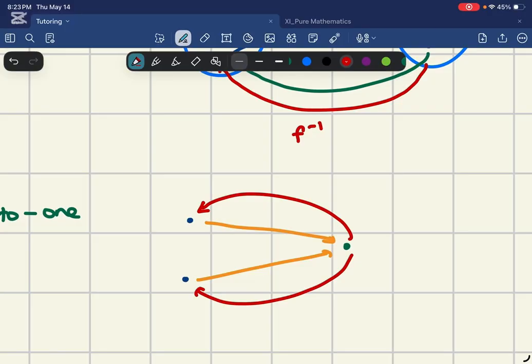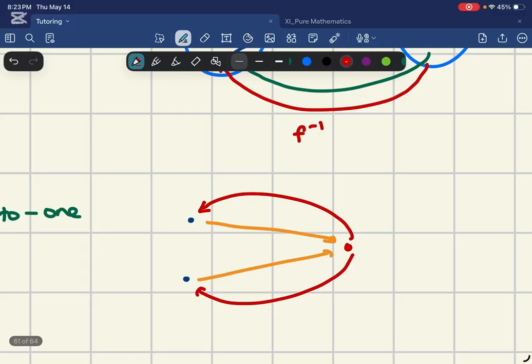So if you try to draw the inverse map, then this same point is being mapped to 2 different outputs, right? And we have discussed this reverse map will not pass the vertical line test. One input cannot be mapped to 2 distinct outputs. Every input must be mapped to a unique output. That is the definition of a function.